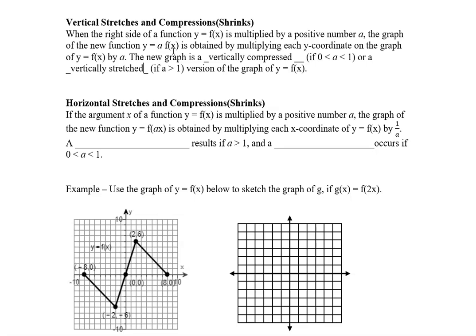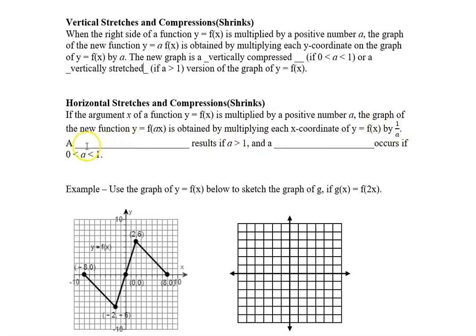For horizontal stretches and compressions, if the argument x of a function y equals f of x is multiplied by a positive number a, the graph of the new function y equals f of a times x is obtained by multiplying each x coordinate of y equals f of x by 1 over a.